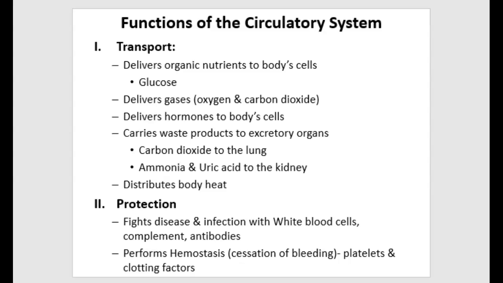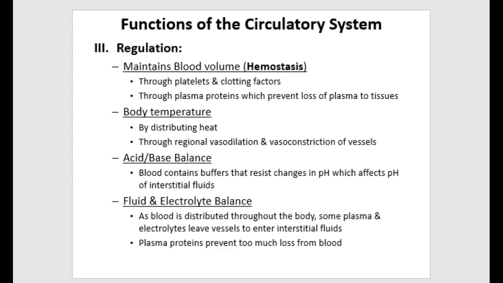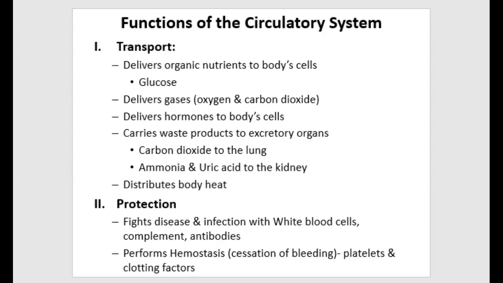There are three main functions of our circulatory system. One is to transport material throughout the body. The second is to provide protection against disease, infection, and blood loss. And the third one deals with regulation of different things: body temperature, the volume of blood, the pH of the blood, as well as our other fluids in our body, and electrolyte and fluid balance. So let's look at the first general function in more detail, and that's transport. What is transported?